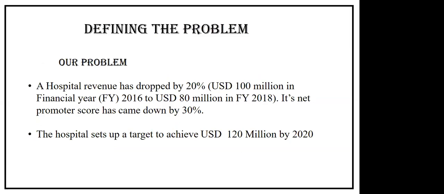Here, our problem is that a hospital's revenue has dropped by 20%, from USD 1000 million in financial year 2016 to USD 18 million in financial year 2018. Its net promoter score has come down by 30%. The hospital sets up a target to achieve USD 120 million by 2020. So this is our problem. Now let us identify the root cause for this problem.